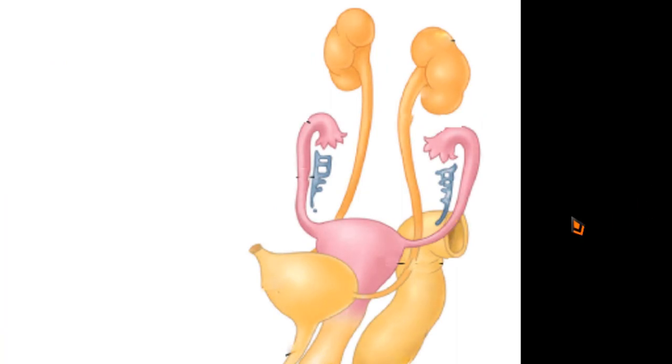Now you can see that the anal canal is completely separated from the urinary bladder. In between them lies the female genital tract, and you can also see that the definitive kidney has already developed, with the ureter, and the regression of the mesonephric duct system and the mesonephric tubules.